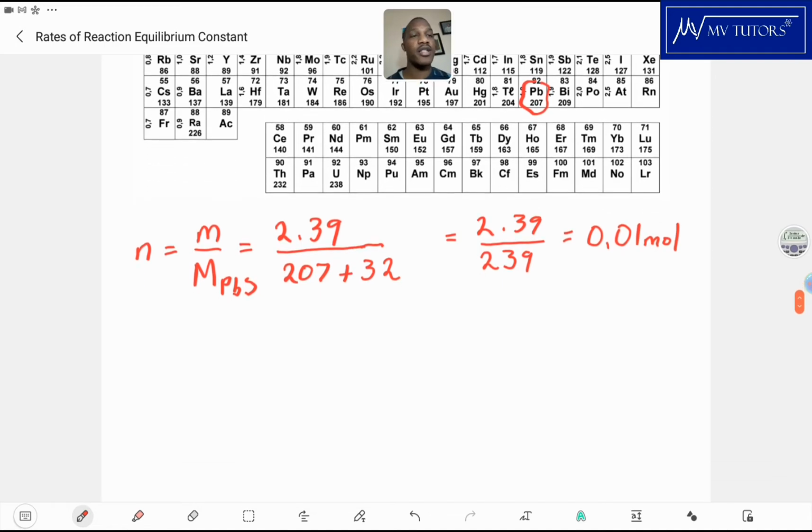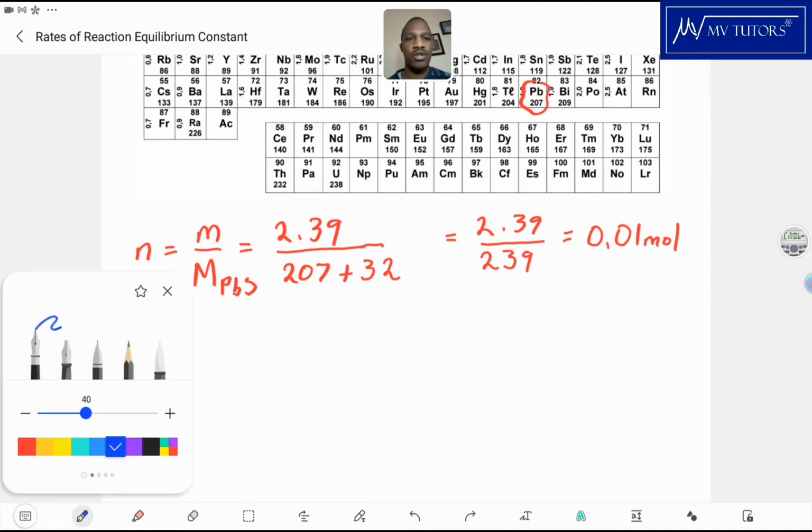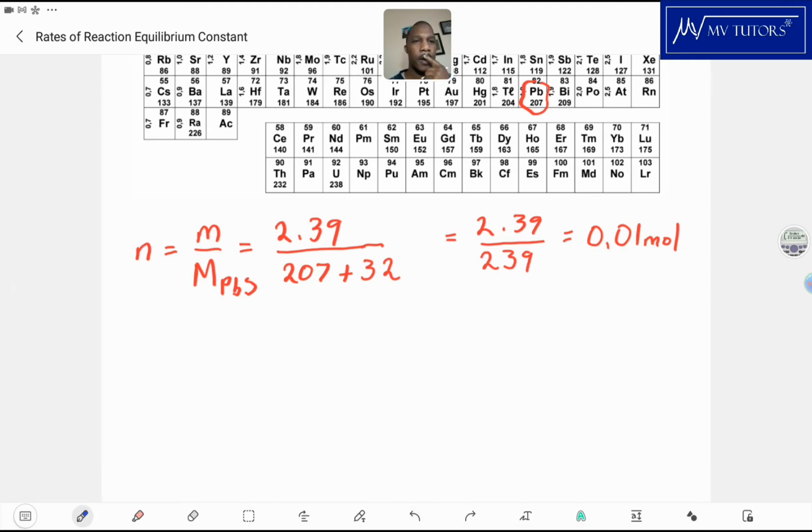Now let's set up our table, our RICE table, so that we can put these into perspective. So we'll start with RICE, which is ratio. Maybe let's use a different color pen just to distinguish everything. So we'll have the R, which is in moles.